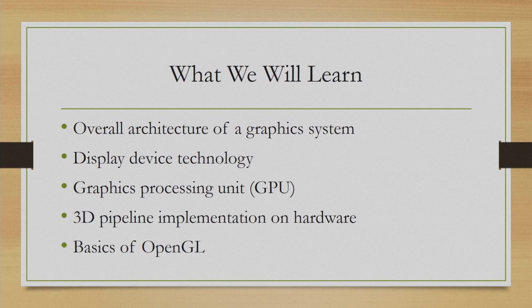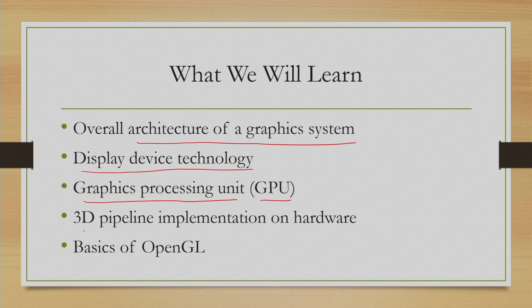So, what will we learn? We will learn the overall architecture of a graphics system, how it looks. Then we will have a discussion on display device technology. We will also learn about the graphics processing unit or GPU in brief.